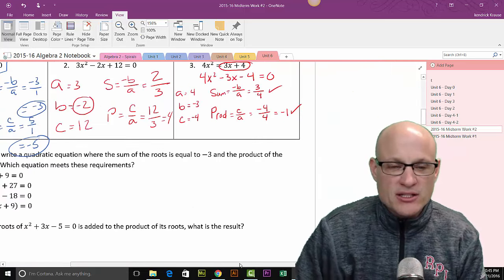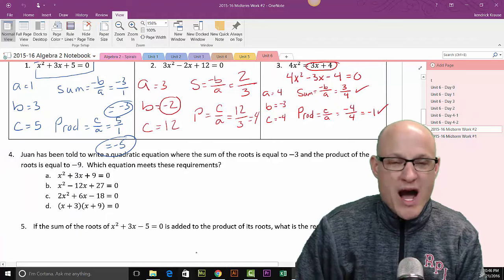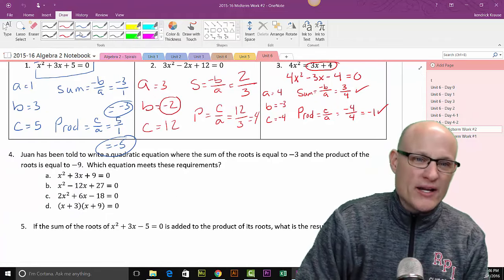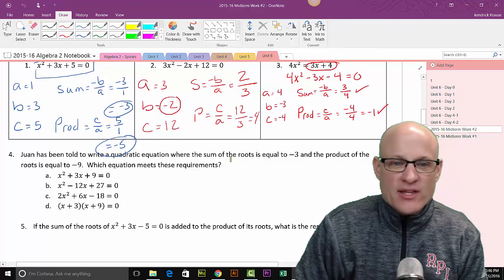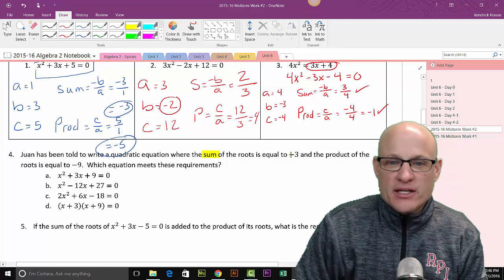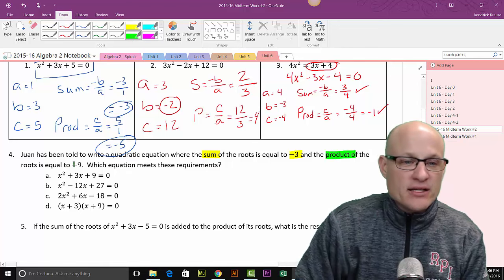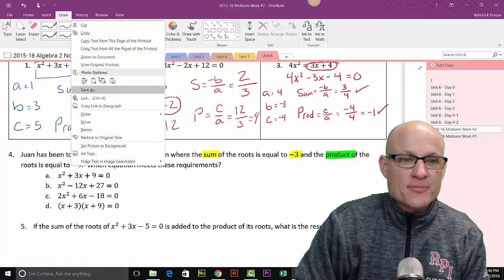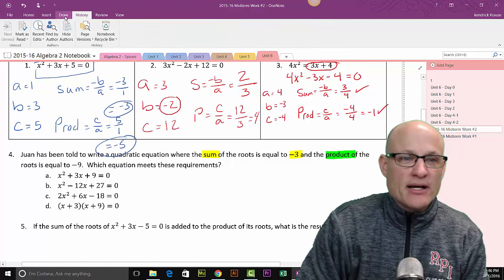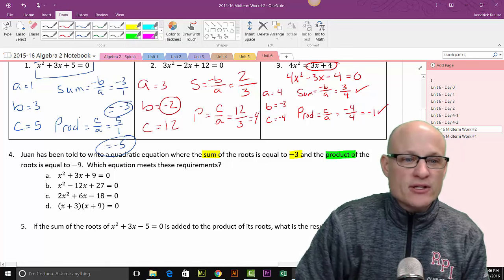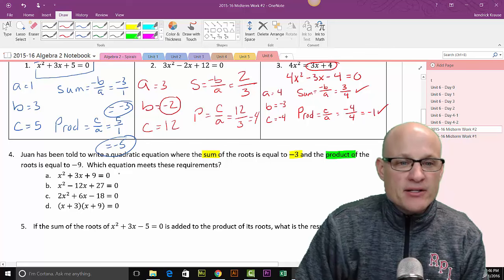Okay, so in this particular case, we're looking for Juan. Juan says that the sum is -3 and the product is -9. So I need to take a look at my answers over here. And I'm going to take a look at this one.